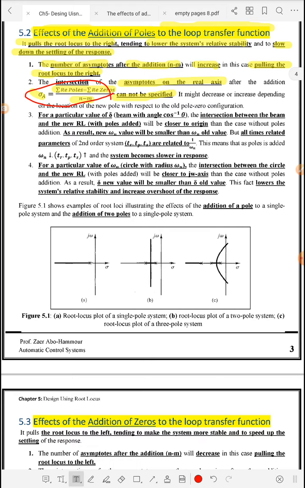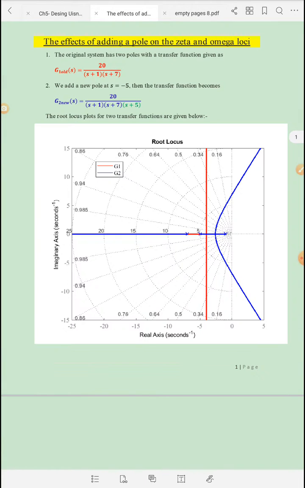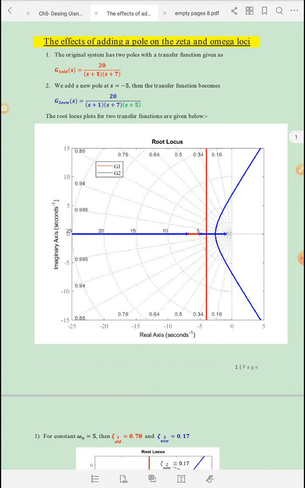Regarding the third point and the fourth point, I will cover them using a few pages that I prepared yesterday in order to clarify things for you.